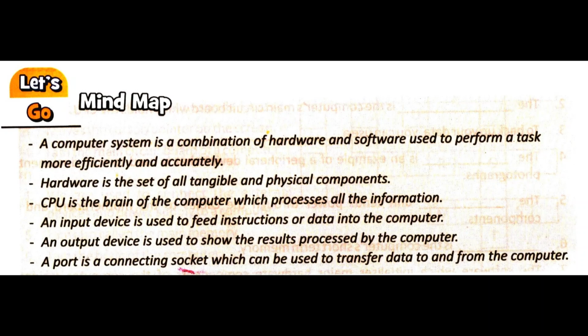Hardware is the set of all tangible and physical components. CPU is the brain of the computer which processes all the information. An input device is used to feed instructions or data into the computer. An output device is used to show the result processed by the computer. A port is a connecting socket which can be used to transfer data to and from the computer.